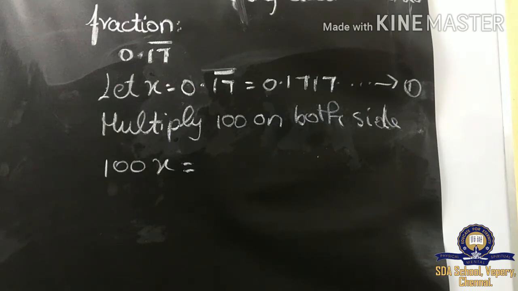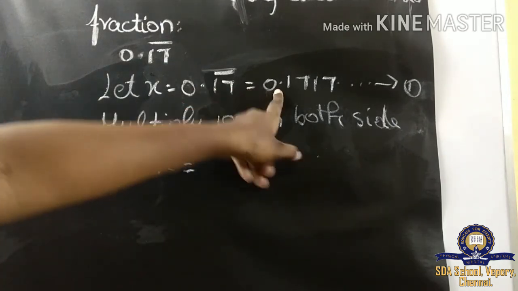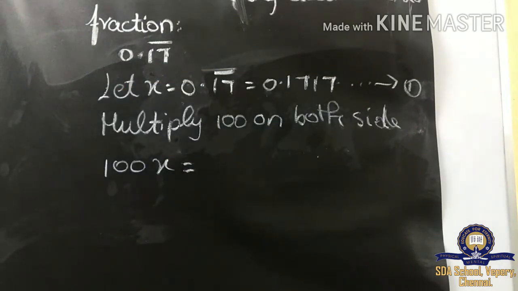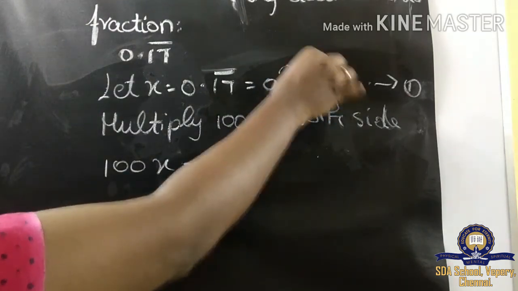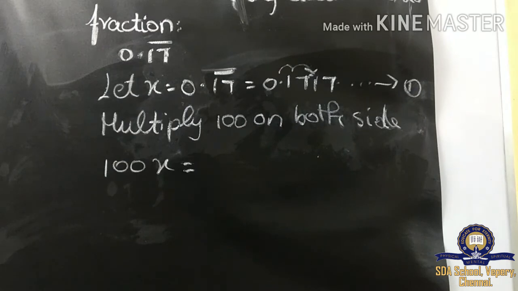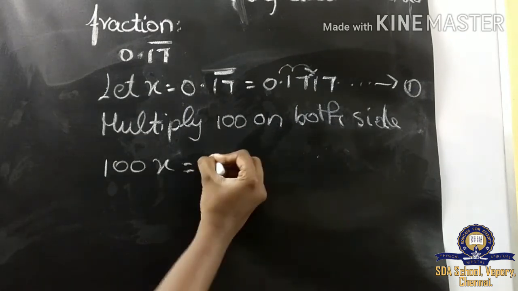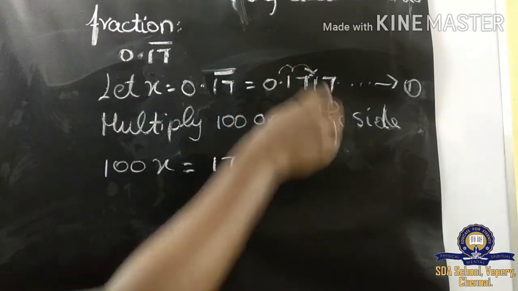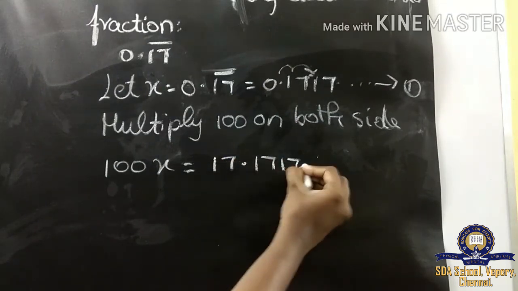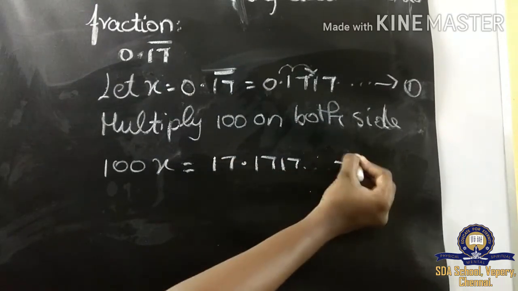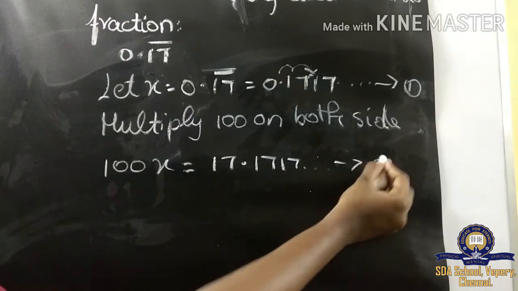If you multiply, the decimal point will go to the right side after 2 places. 1, 2. It will shift after 2 digits. So the point will lie after 2 digits, meaning 17.1717 and so on. So let's take this equation as number 2.